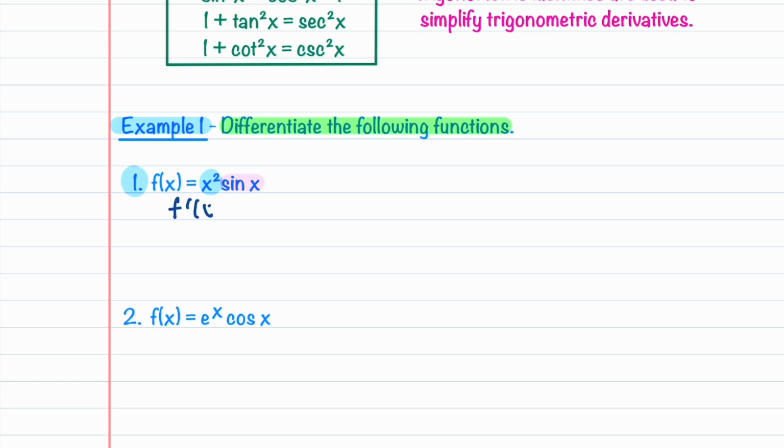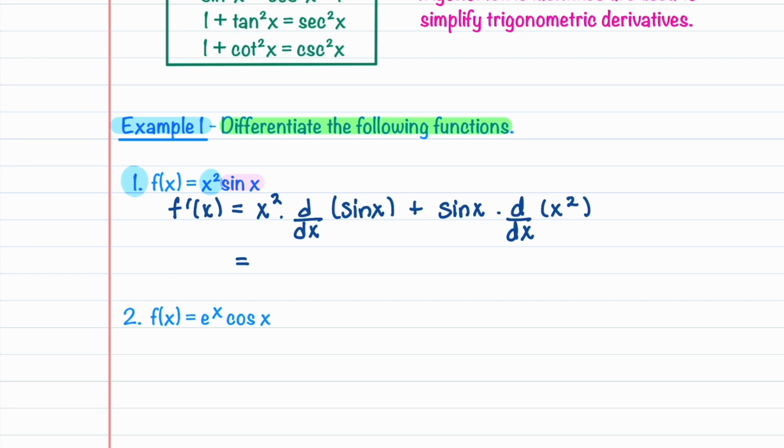F prime of x is the first term, x squared, times the derivative with respect to x of our second term, sine x, plus our second term, sine x, times the derivative with respect to x of our first term, which is x squared.